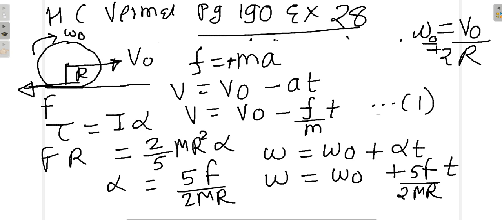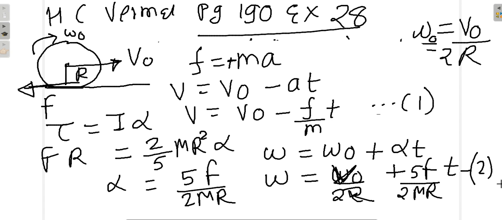Please see here what is omega naught. Omega naught is v naught upon 2r. So I can write it as v naught upon 2r. This is my equation number 2.